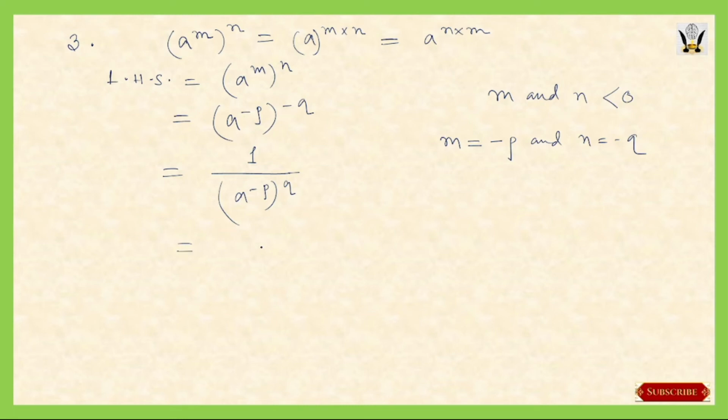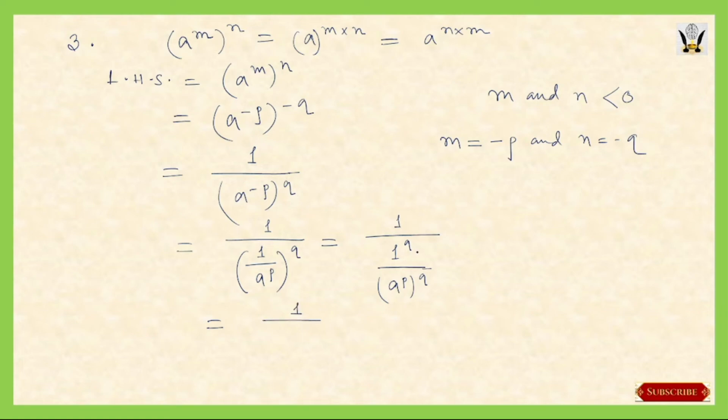So now it will be 1 divided by, then we write 1 divided by a to the power p, then to the power q. Now this can be further written as 1 to the power q divided by a to the power p to the power q. So this can be further written as 1 divided by, now 1 to the power q means 1 is multiplied by itself q times. So it will be 1 only.